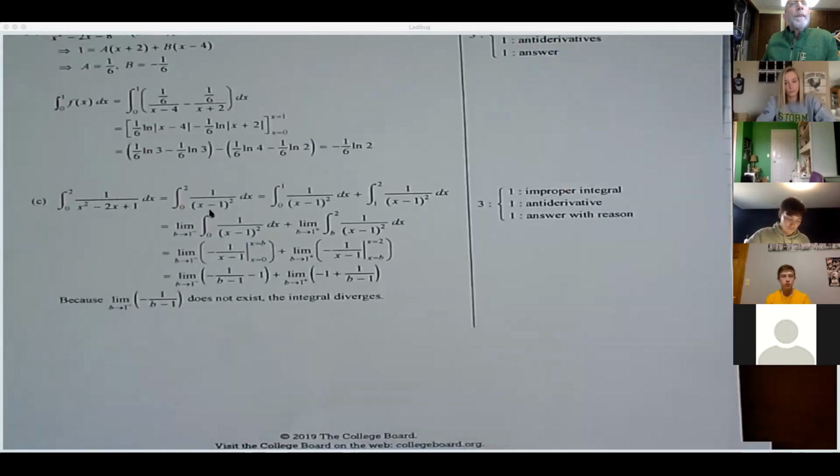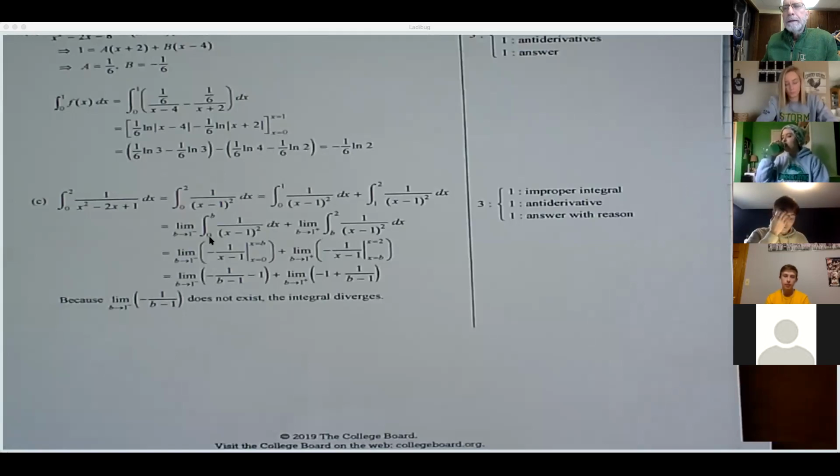So they put it in this, and obviously you can't go to 1, so you need to create an improper integral, and this is the improper integral you get a point for. You need to approach 1 from the left, and you need to approach 1 from the right, these boundaries. So whenever there's an asymptote, you always have to split it up?